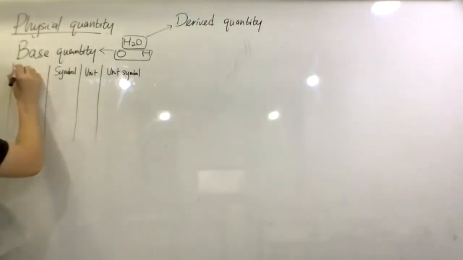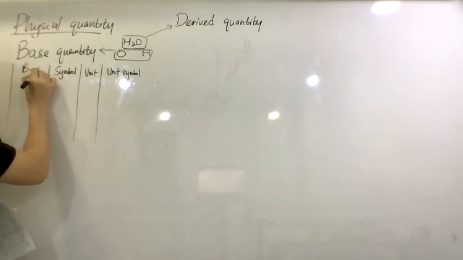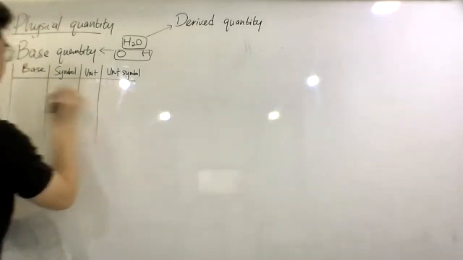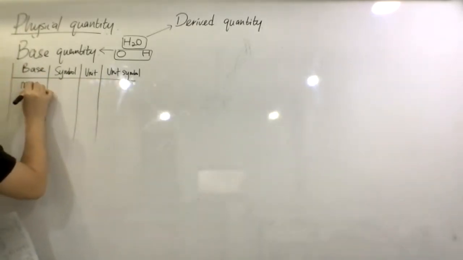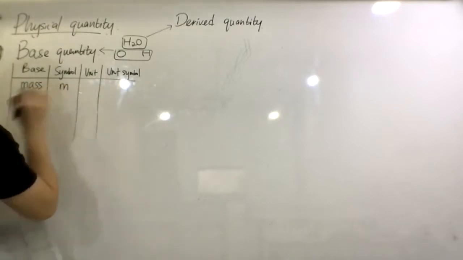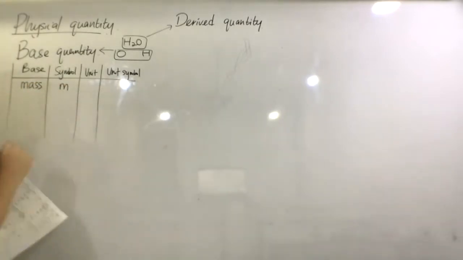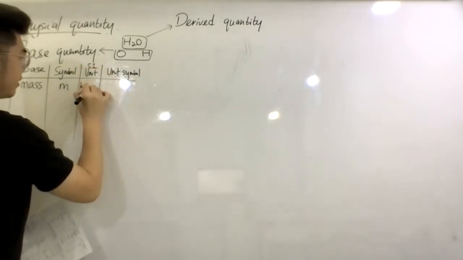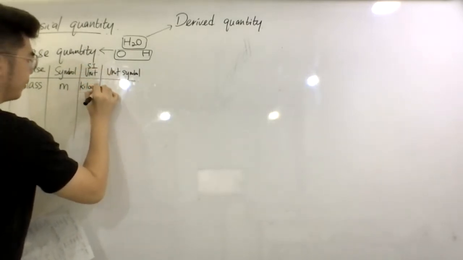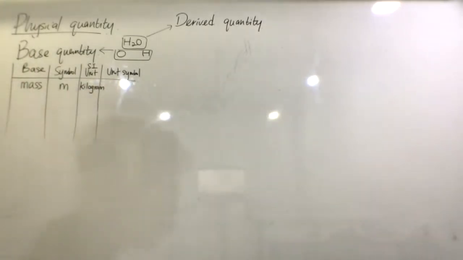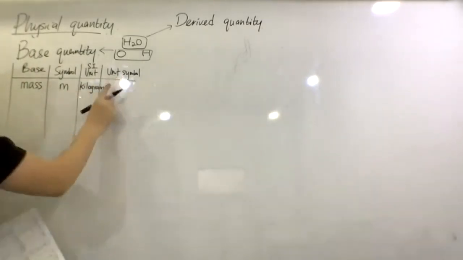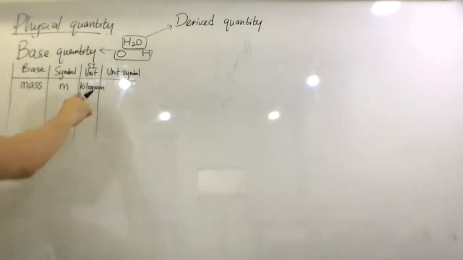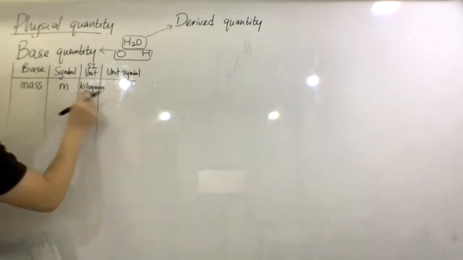Now, the base quantity, the first one is going to be the mass. Symbol, take the first letter, M. Now, unit, we use the SI unit, kilogram. And then the unit symbol, so the symbol of the unit is going to be kg.